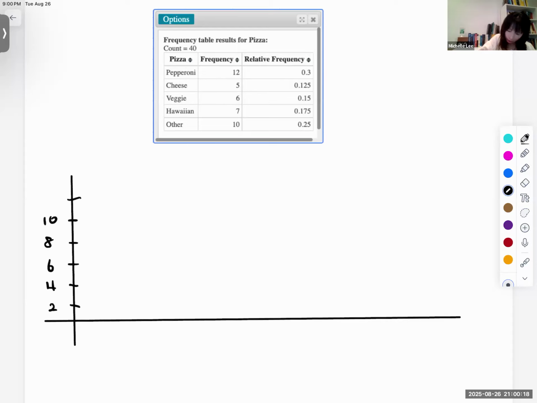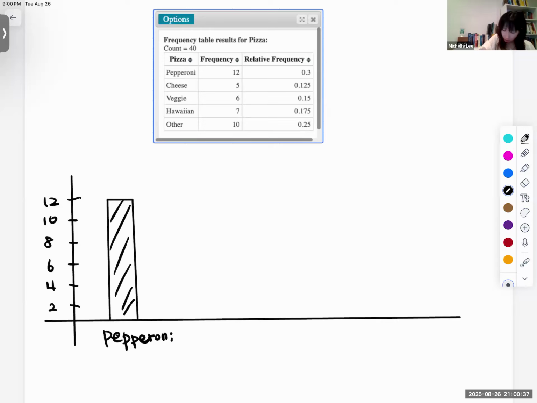The first one is pepperoni, 12. So make a rectangle. All right, cheese 5, right? So it's over here.